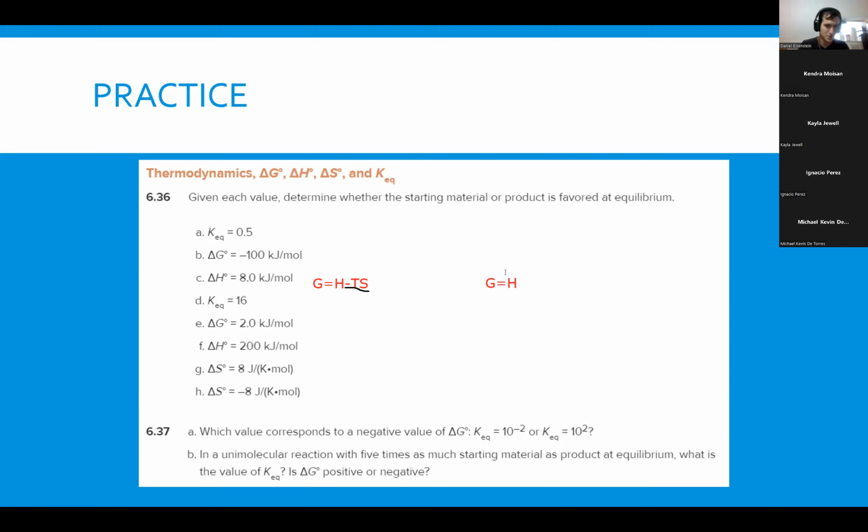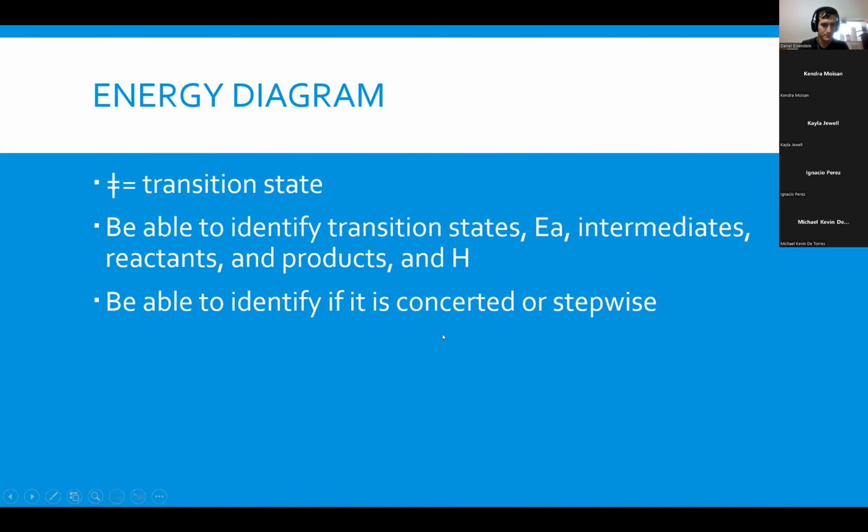And because delta G is positive, it is not favored to go to the products. It will stay at the reactant side. Does that make sense to everyone? What we just did?